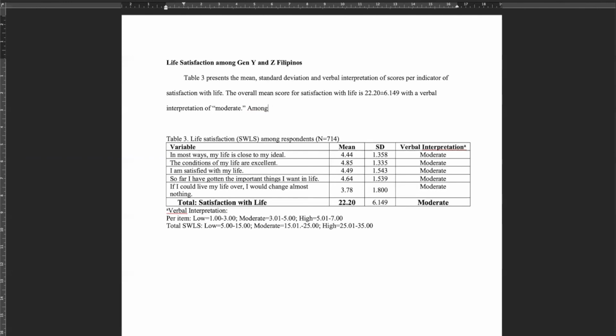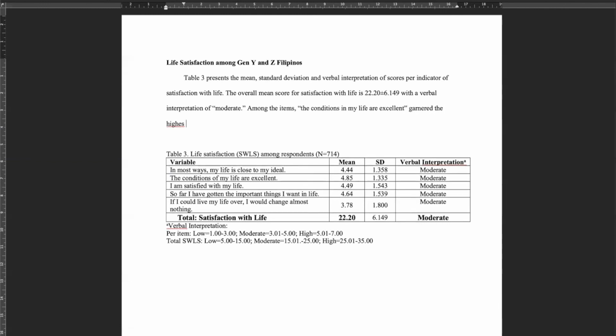Among the items, "The conditions in my life are excellent" garnered the highest score of 4.85 plus minus 1.335 with a verbal interpretation of moderate.